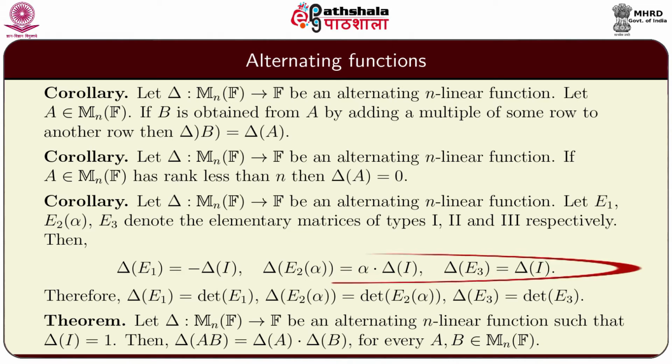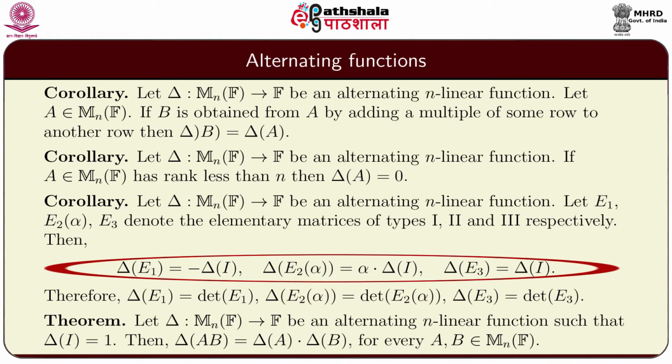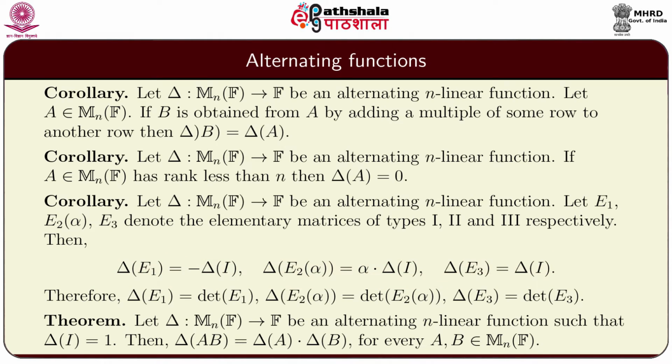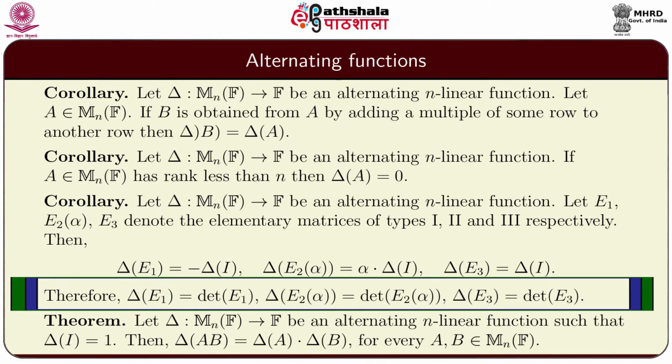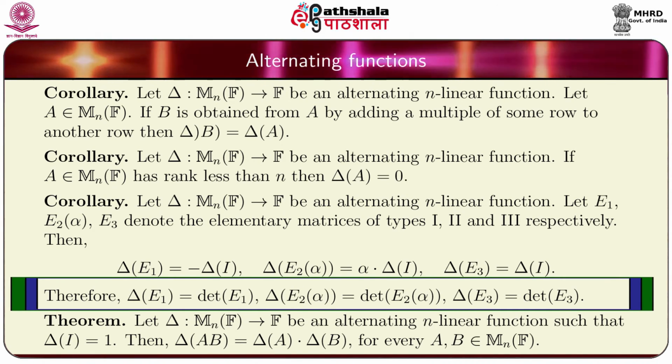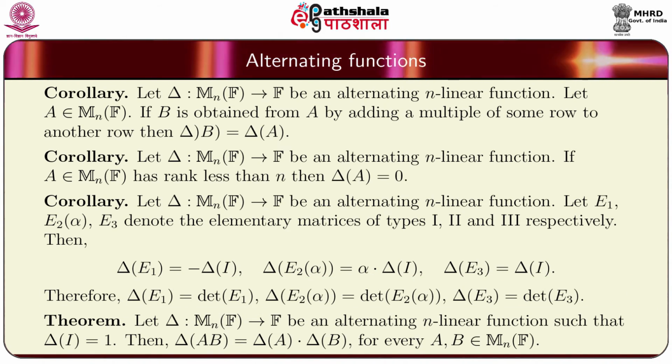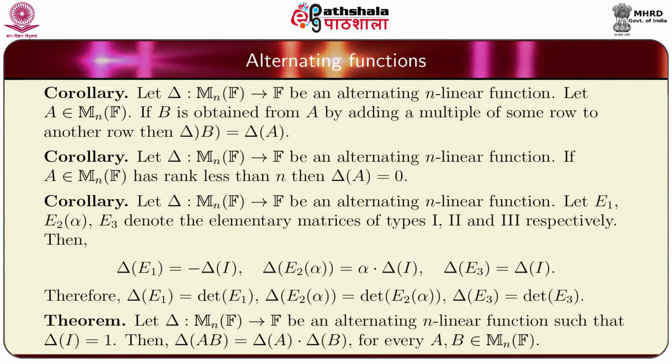Then delta of E1 is minus delta of I, delta of E2(alpha) is alpha delta of I, and delta of E3 is delta of I. Therefore, delta of E1 is determinant of E1, delta of E2(alpha) is determinant of E2(alpha), and delta of E3 is determinant of E3.